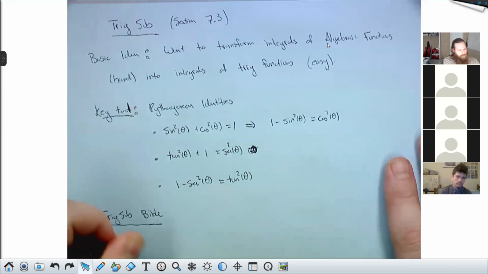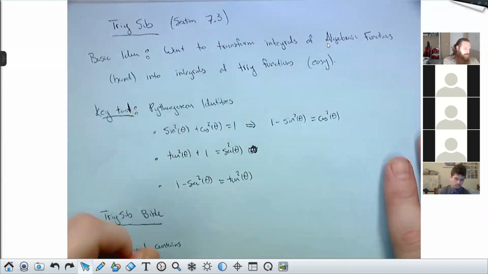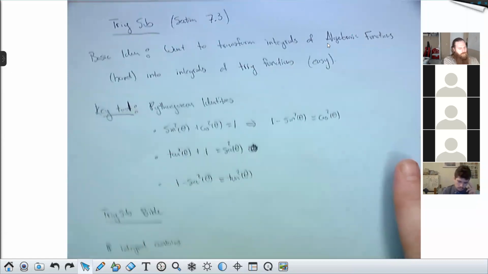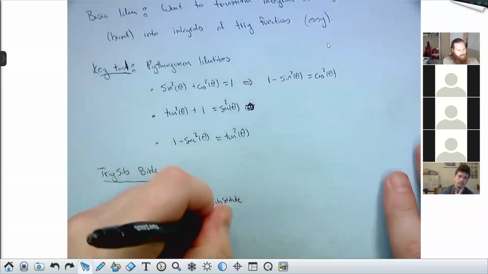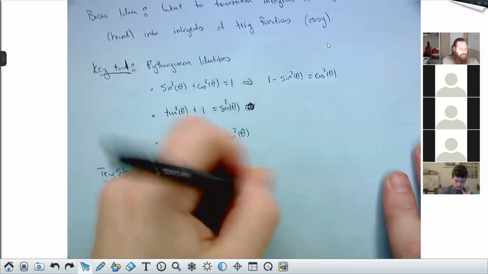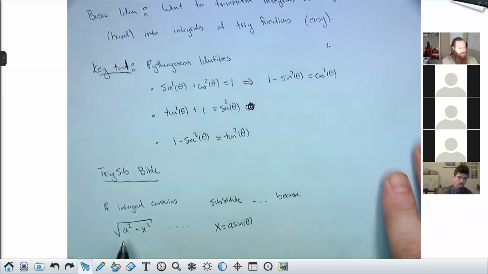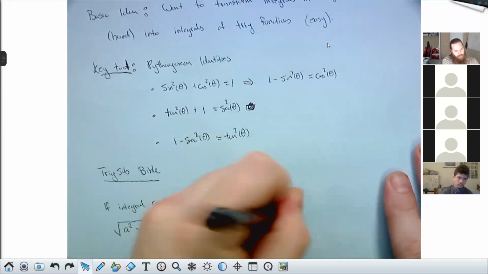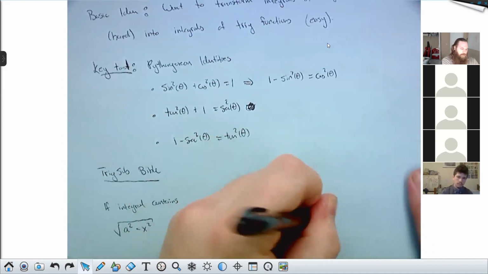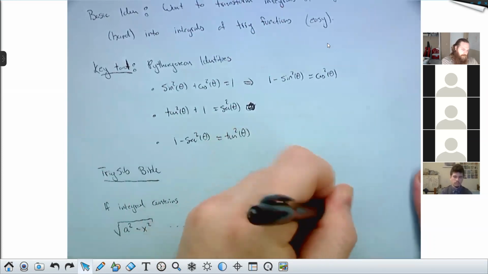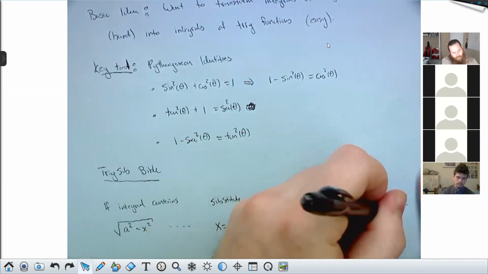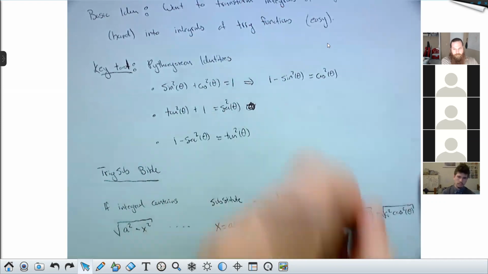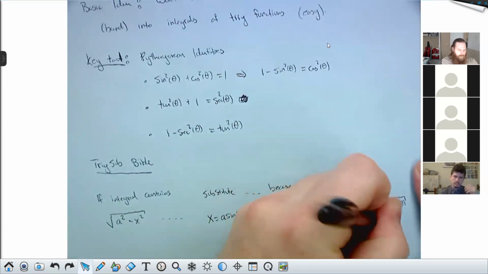If your integral contains a square root of some number squared minus x squared, then you'll want to make the substitution x equals a sine theta, because if x is a sine theta, then the square root of a squared minus x squared will simplify to the square root of a squared times 1 minus sine squared theta, which is the square root of a squared cos squared theta. And the square root of a squared cos squared theta is a cos theta.